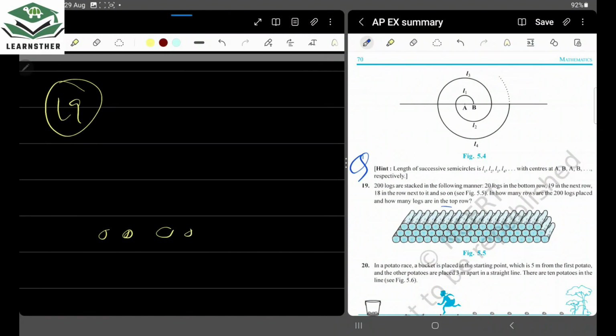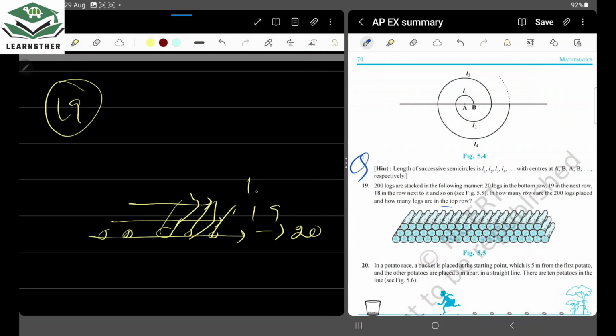So here the logs are placed like this. Here it is 20, this is the first row. In the next row it is 19, the next row it is 18, it is decreasing. So this will form an AP. 19 minus 20 is minus 1, 18 minus 19 is minus 1.